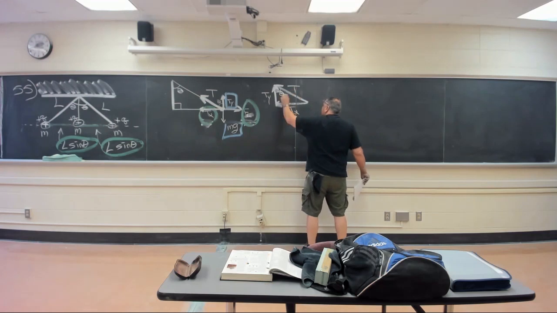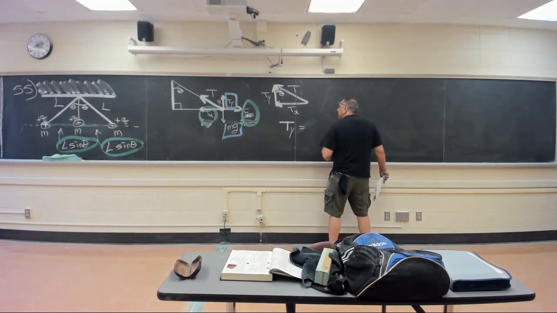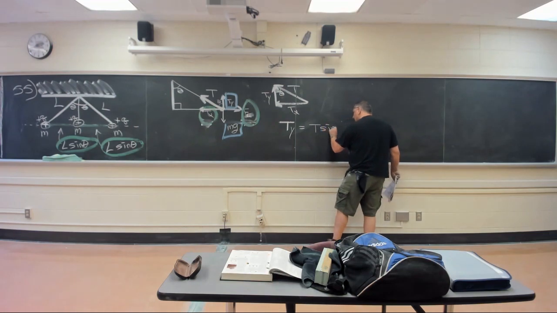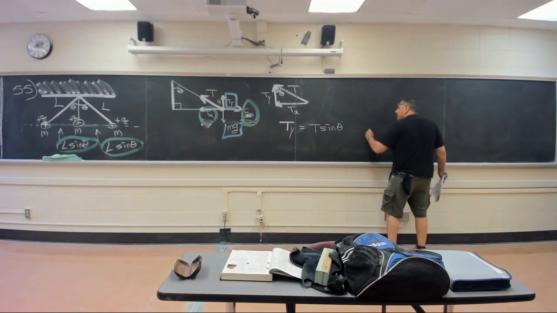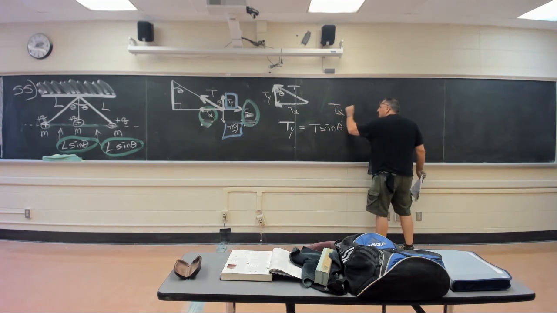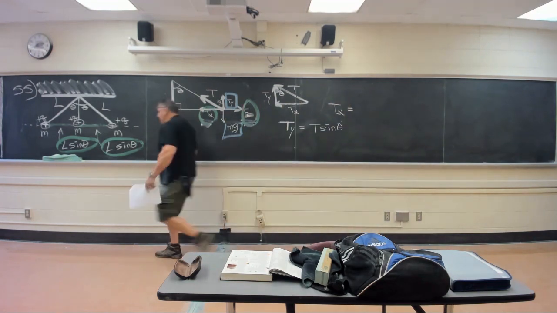Ty divided by T is cosine theta. Forgive me, cosine theta, right? Okay, I'm sorry.